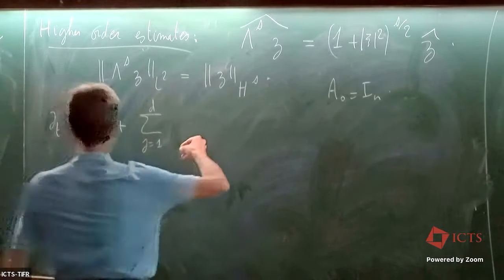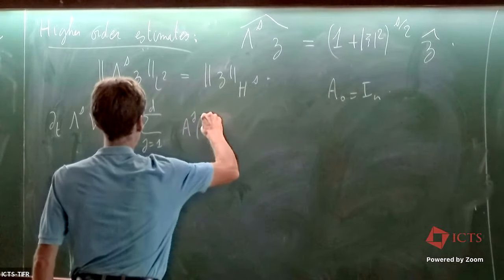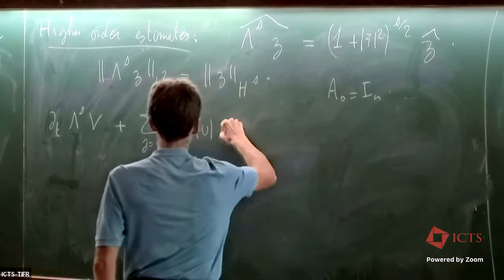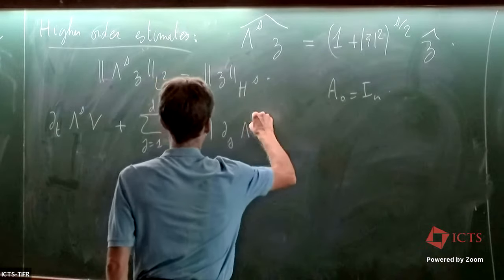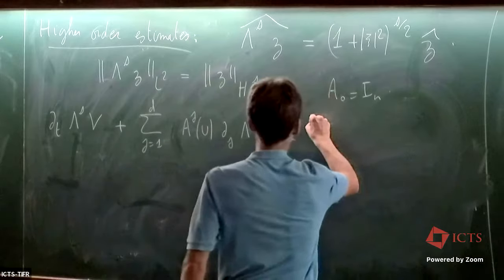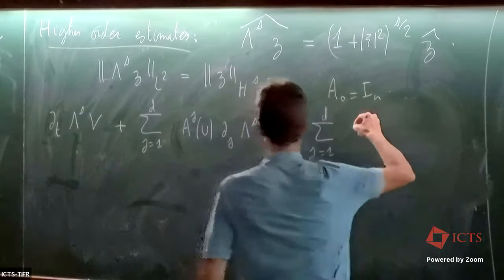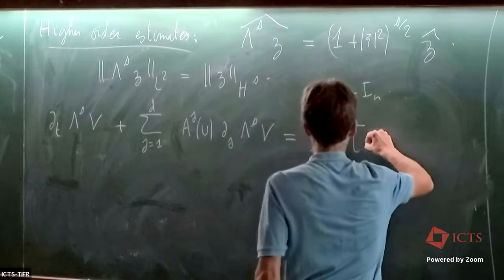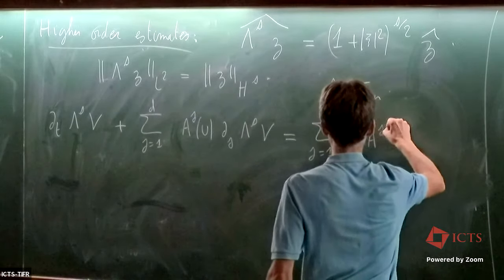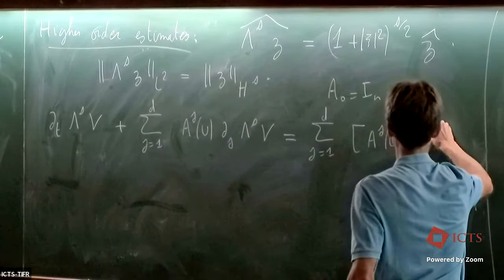But for the sum, I have to be careful, because clearly I'm not allowed to do that. So there is an error that I can write as a commutator. What is the error? The error is exactly the commutator between the matrix and the operator.